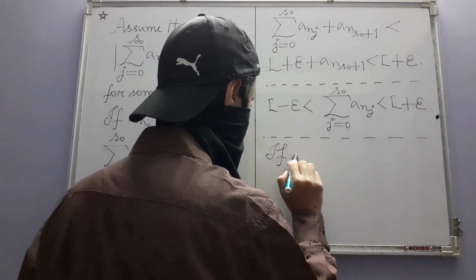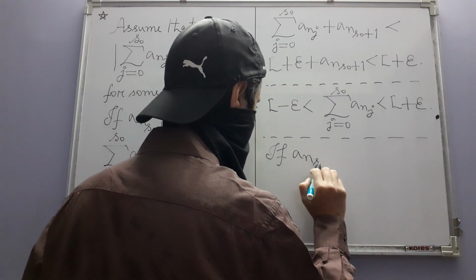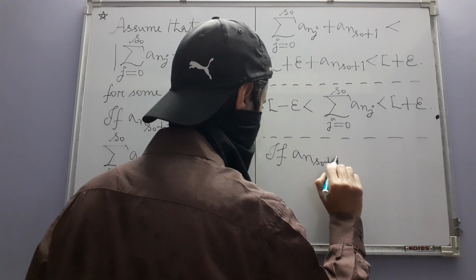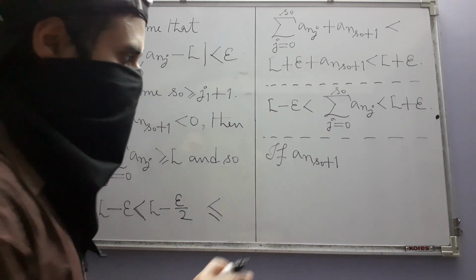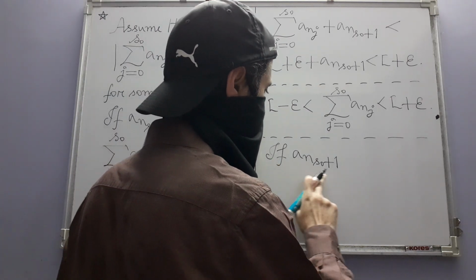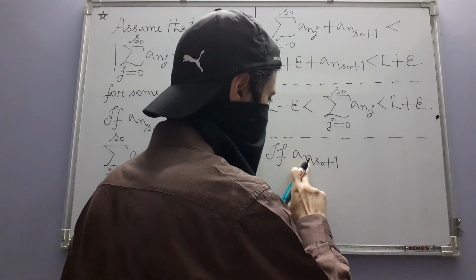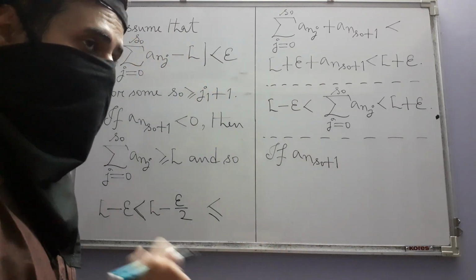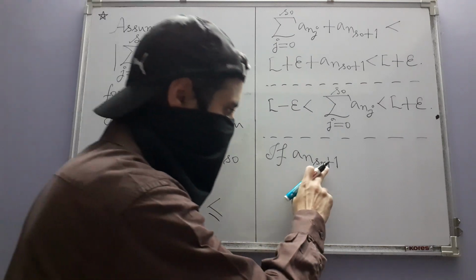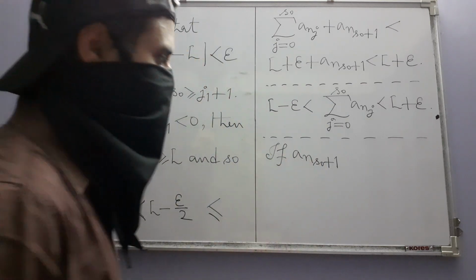If A n S naught plus 1, see there are many layers of suffixes, do not get confused. A n S naught plus 1 means we are adding 1 to S naught, not to this 0. Okay.